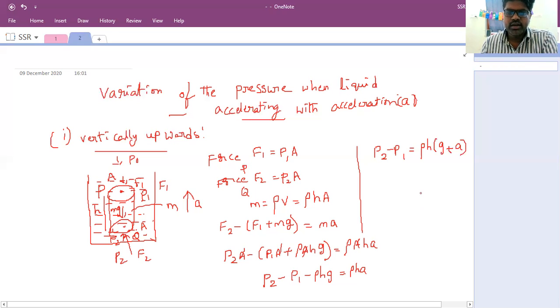Suppose it is vertically downwards, very simple. The g plus a will become g minus a.